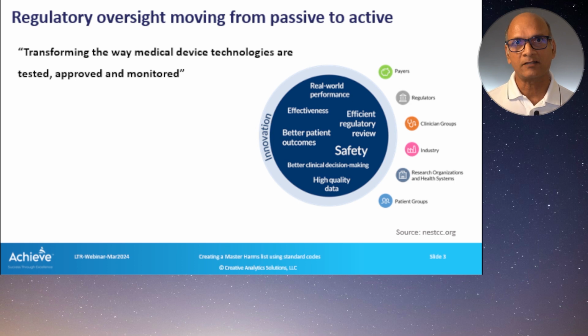So throughout the life cycle, they want to be more active. If you are not aware of it, they have created something called a NEST Coordinating Center. NEST stands for National Evaluation System for Health Technologies. It's basically a voluntary collaborative effort under the MDIC umbrella, which is Medical Device Innovation Consortium.